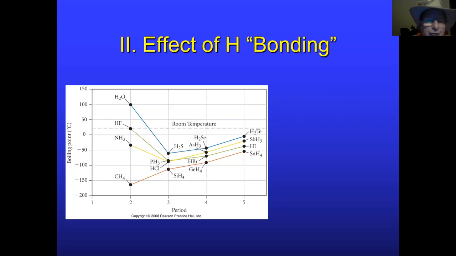Wouldn't that make sense? Yes. All right, let's think about this. Water, hydrogen weighs 1 each, oxygen 16. Water has a molecular weight of 18. All right, let's look at H2S. Sulfur weighs 32.